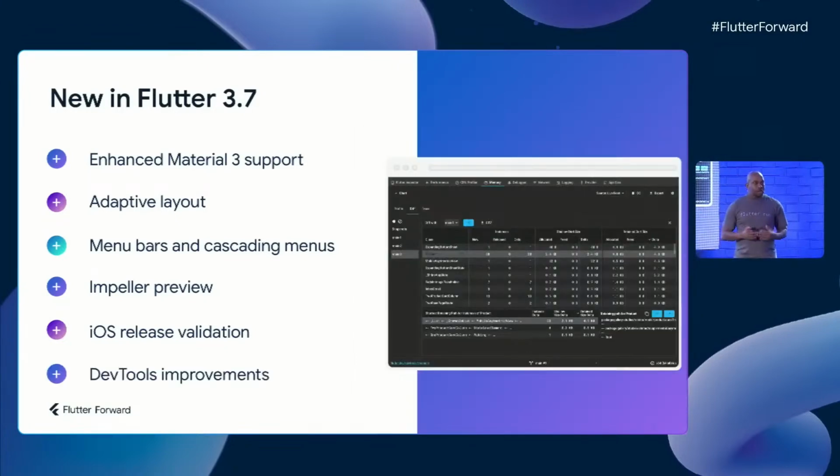We've also made several updates to DevTools, the suite of performance and debugging tools for both Flutter and Dart. And this includes a complete redesign of the memory debugging tool, and we've added new features to analyze the memory usage of your app.